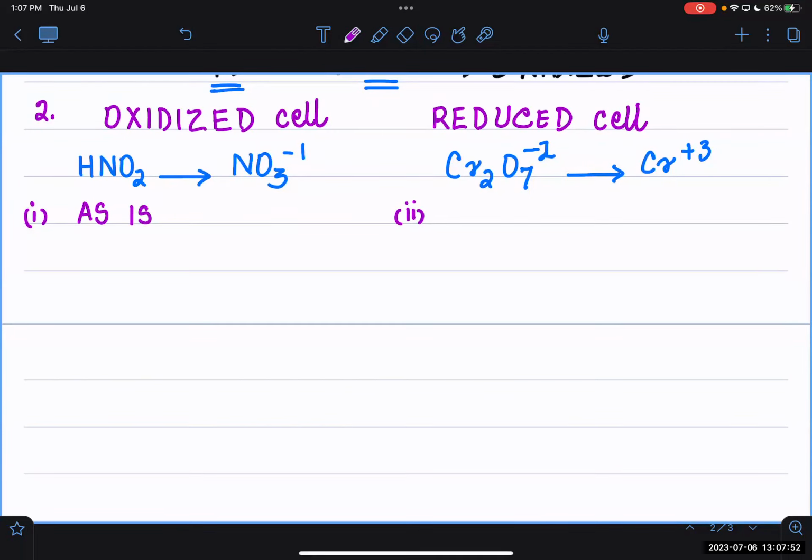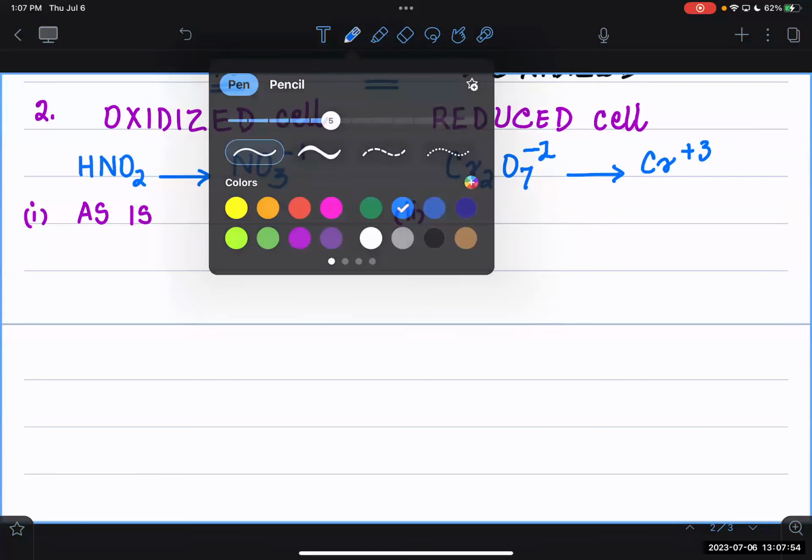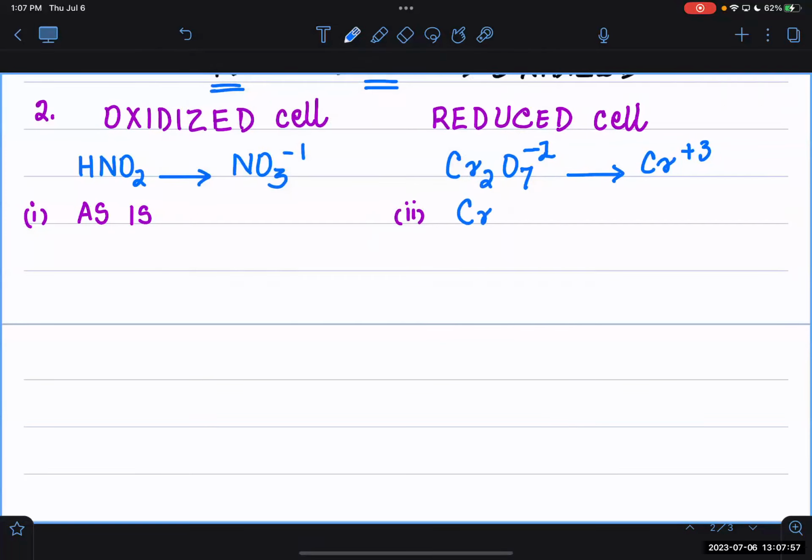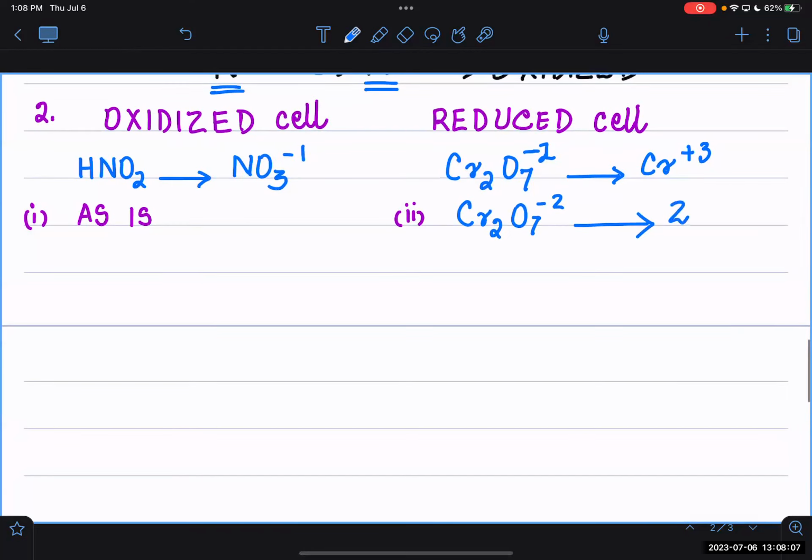Here we have Cr2O7 minus 2. What are we going to balance here? The chromium. What should we do? 2 Cr plus 3. Everybody get that part? Metal first. Simple, right? Easy. Not that hard. You're not even balancing the whole equation. It's just focus on metal to metal. That's it. Clear? Easy?